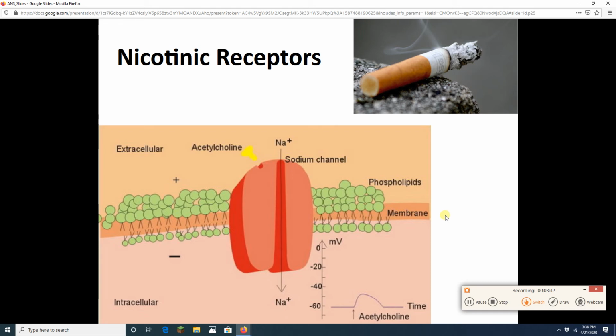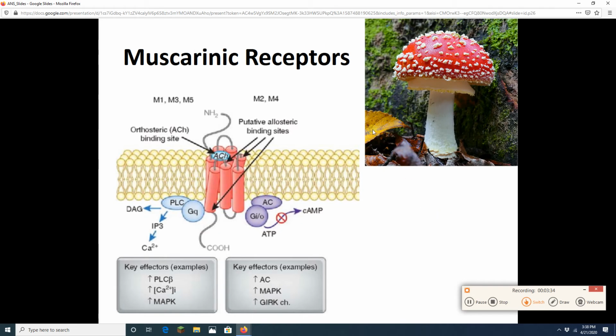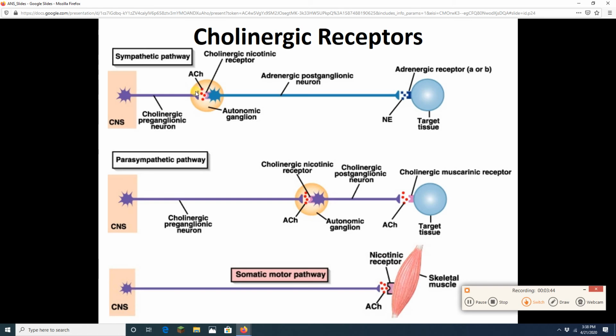All right. Our other type of receptor for acetylcholine, our other cholinergic receptor, is called a muscarinic receptor. And let's jump back 2 slides here. I'm going to find my cholinergic muscarinic receptor on my target tissue. So in other words, I'm going to be finding that on cardiac muscle, on smooth muscle, and on glands.